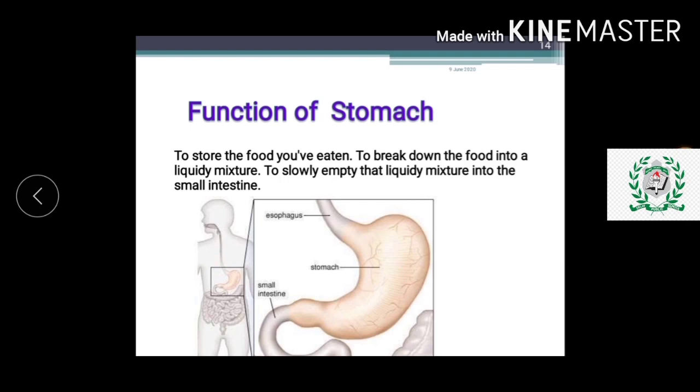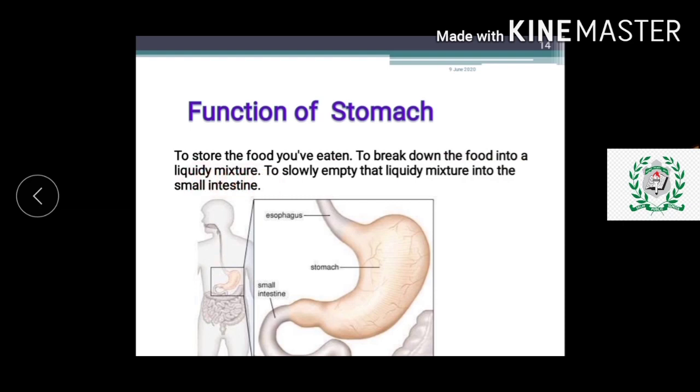Okay, now let us read the function of stomach in the context. To store the food you have eaten. So the first job of the stomach is to store the food which you have eaten. Okay, and the second function is to break down the food into liquid mixture.